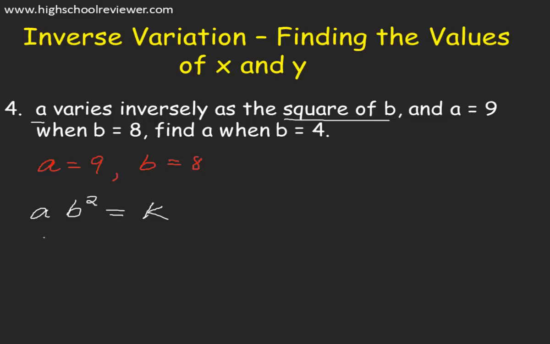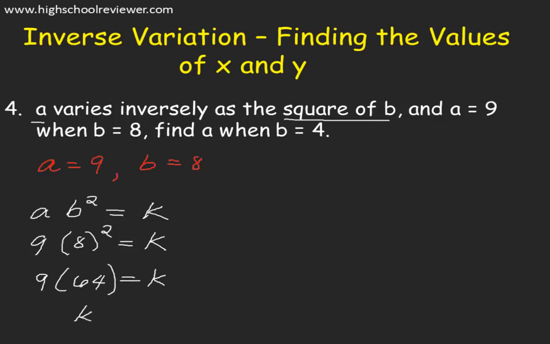So our a here is 9 multiplied by b, which is 8, raised to the power of 2 equals k.